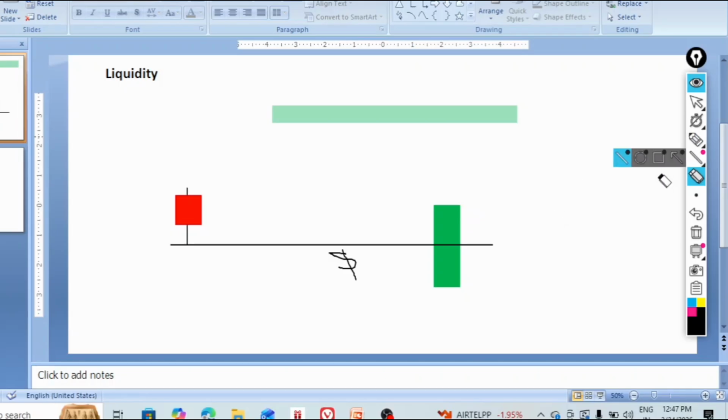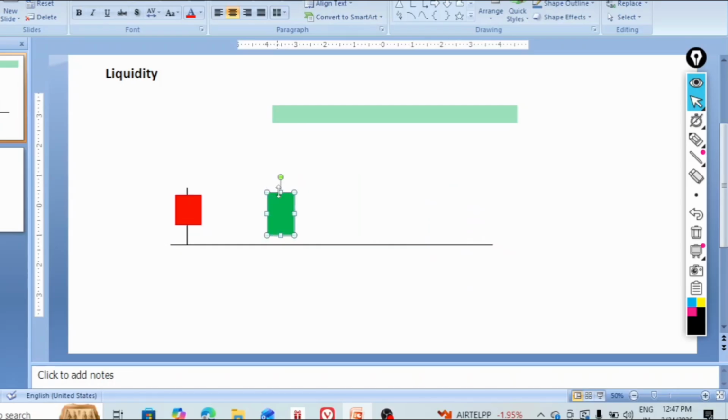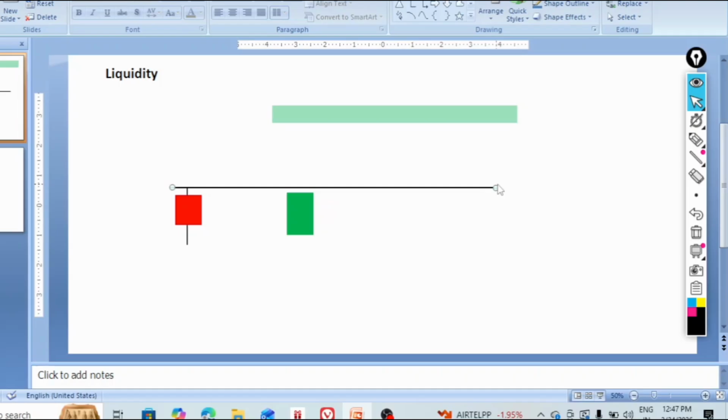So that's about the liquidity. We also have candle highs and lows as liquidity. We talked in the first video that there will be liquidity at the candle high and candle low. This is the highest point of this candle, so this will be the high liquidity, and this will be the low liquidity.